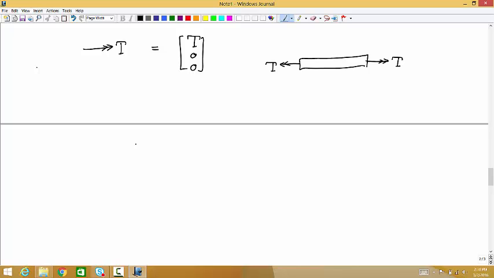So one will be positive and one will be negative when you put them in Newton's laws. This one would be called negative, and this one would be called positive. But when you're drawing it for internal loads, these would both be called positive values of T, even though this would be a vector of negative T, 0, 0, and this would be a vector of positive T, 0, 0.